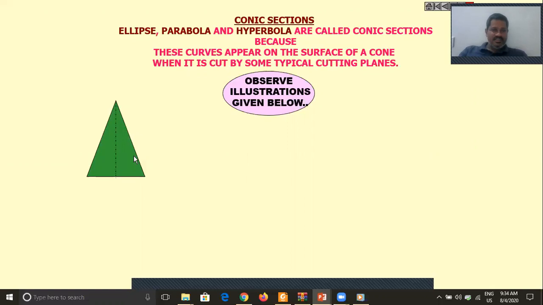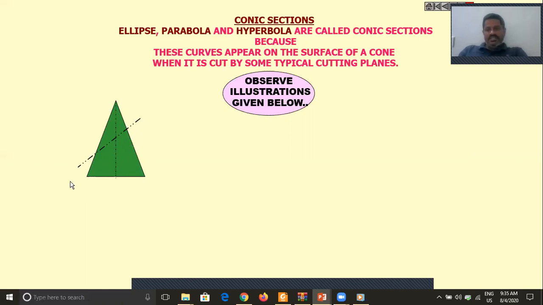Now let us see the first type, where we cut this cone using a section plane in such a way that the section plane passes through the 2 generators. You can see here a section plane cutting in such a way that it touches the two generators, the first generator and the second generator, that means two slant lines.